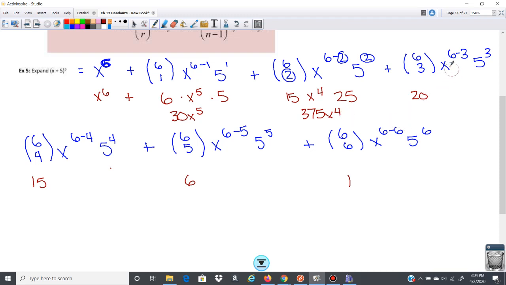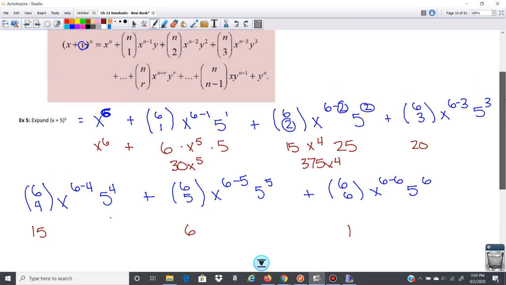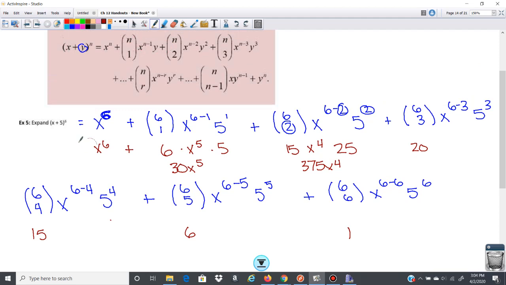Okay, then my next term, wait, I've got x to the... How did you get the 6 over 2 in the parentheses? How did that equal 15? So in the parentheses, I'm going n. So n is my 6 here. And then I'm following this pattern here.